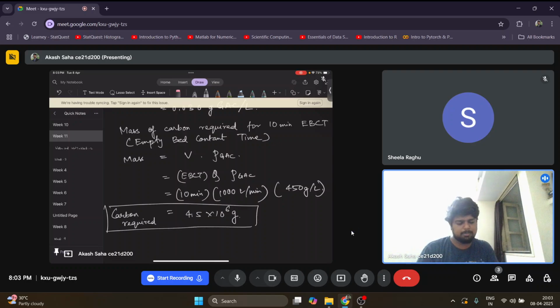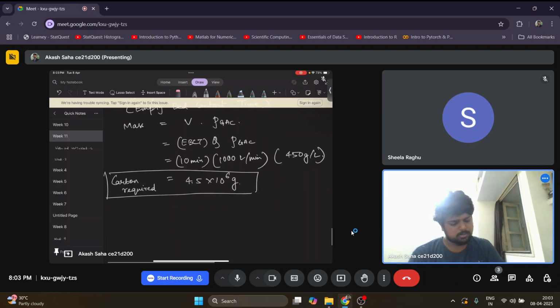So once we got the mass, we will now calculate the volume of treated water. So now determine the volume of water treated using a 10-minute EBCT.